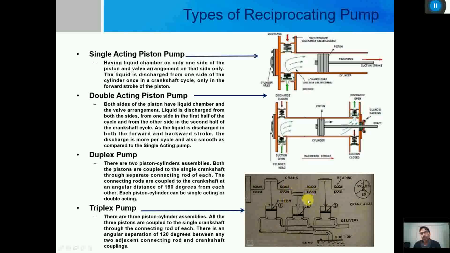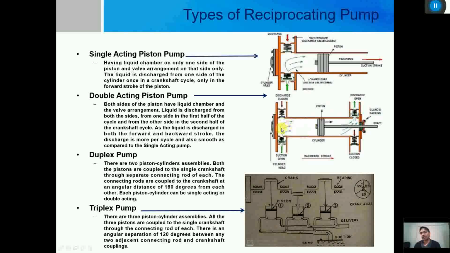So the discharge we are getting here is much smoother, because in case of single acting, the discharge is obtained only during the delivery stroke, and no discharge takes place during the suction stroke.